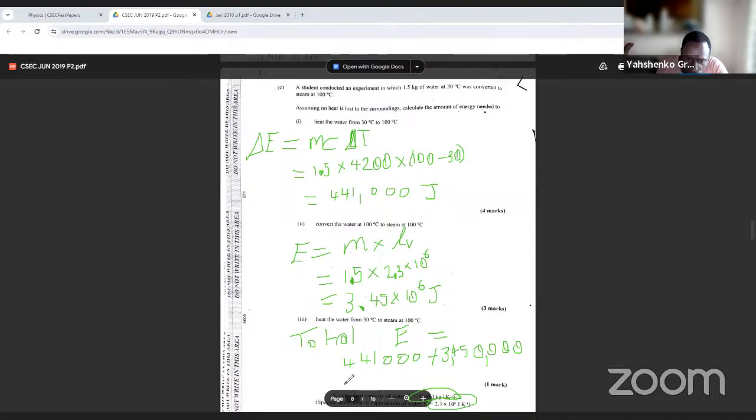And the answer is equal to 3.891 times 10 to the 6 joules of energy. All right, so that's how that would work out.